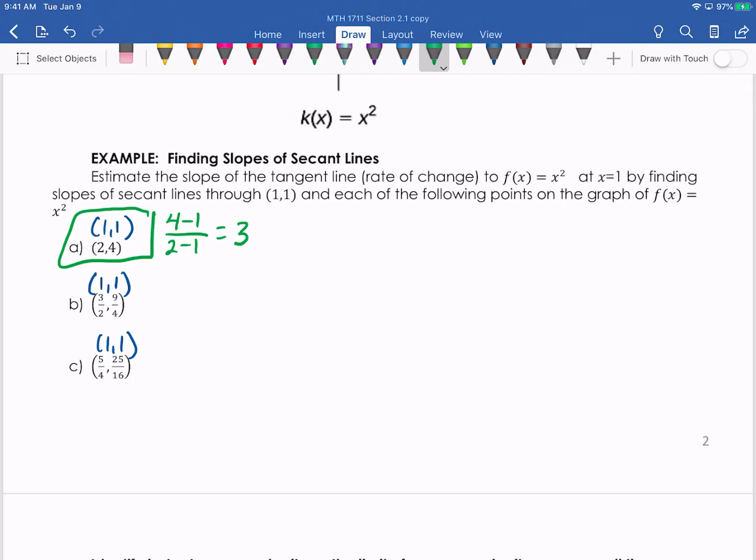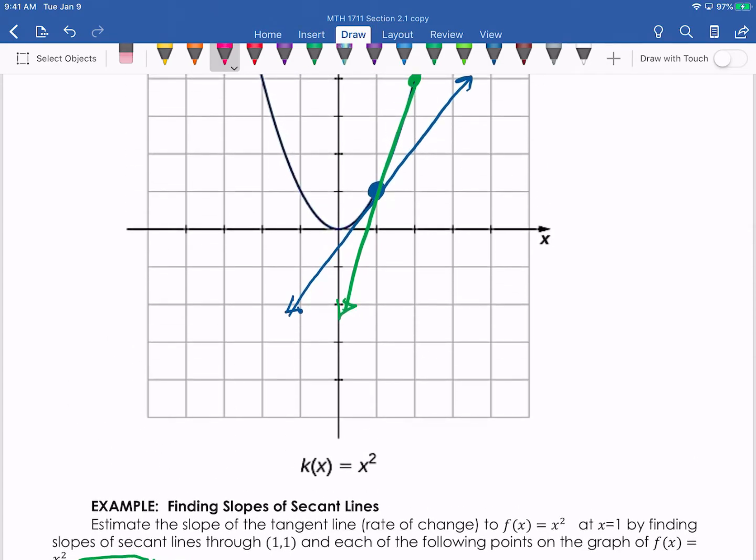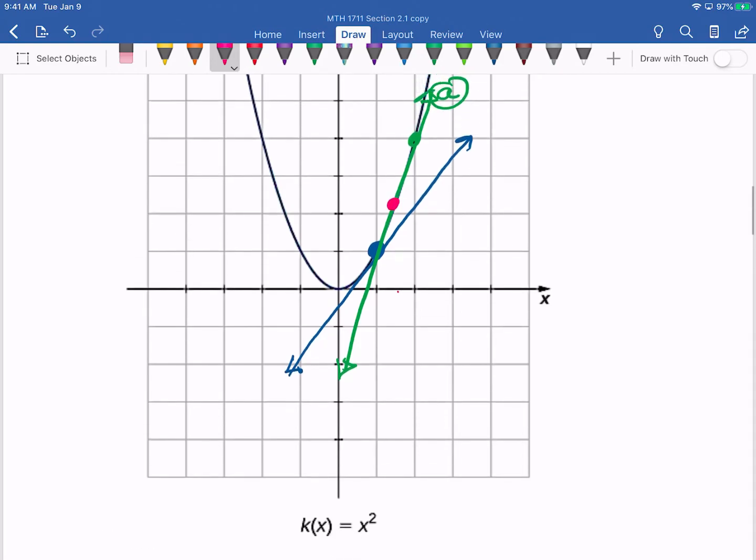Then for the next point, let's do this one in pink. I want to do the point at x equals 1.5, 3/2. So I come over to 1.5. Now I'm using this point and my x equals 1, and I'm going to try to get a closer estimate to the slope of the blue line.